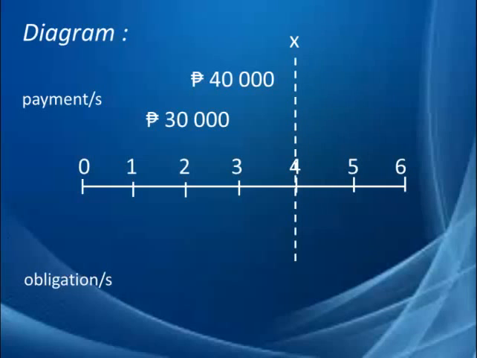Let us have at the end of 4 years be our comparison date. So 30,000 pesos will be accumulated to fourth year and 40,000 pesos also to fourth year. And we have an obligation of 201,279 pesos and 65 centavos.